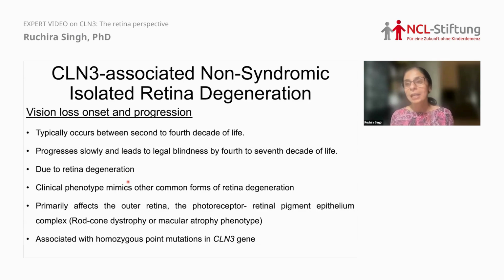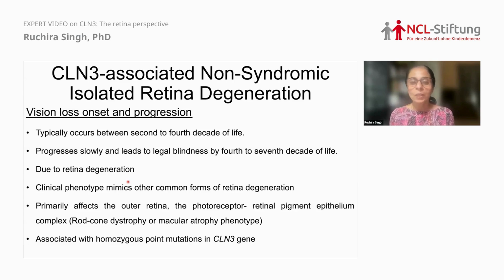However, unlike the syndromic CLN3 disease, in the non-syndromic isolated retina degeneration it's the outer retina, the photoreceptor retinal pigment epithelium (RPE) complex, that is affected, and patients mostly show a rod-cone dystrophy or a macular atrophy phenotype.